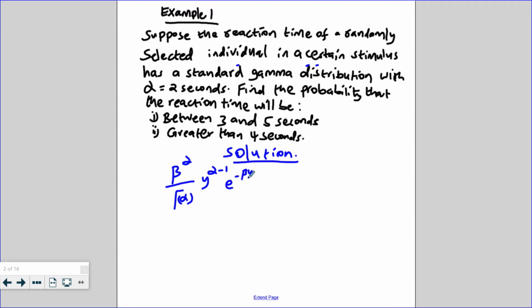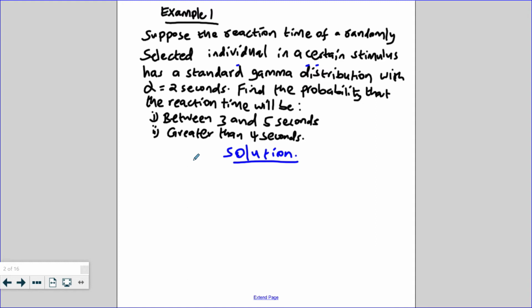Now when we have our question, for example in this case, it is continuous, so it's between 3 and 5 seconds, and therefore we're going to change the formula to fit our question.